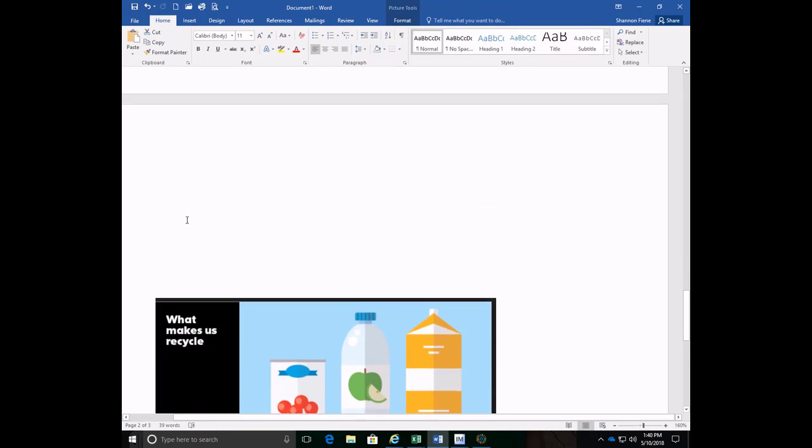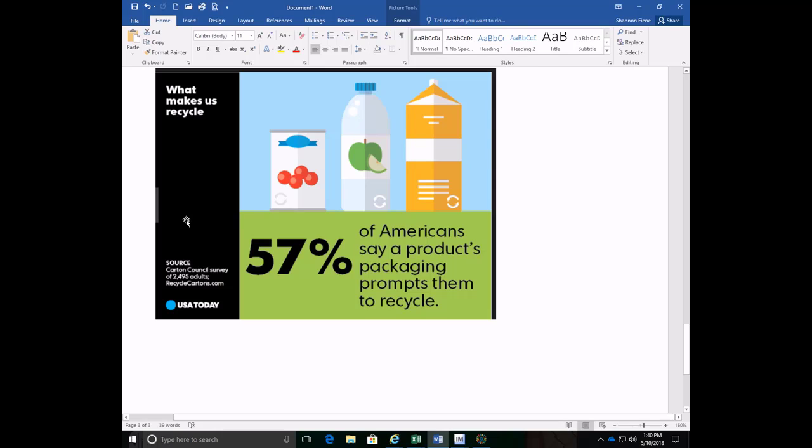I have another example. All right, maybe you can look at it for just a second and see if you can pick out the sample. That's the easiest thing to do in these. If you said it's 2,495 adults, you are correct. Okay, so they asked 2,495 adults what makes us recycle.